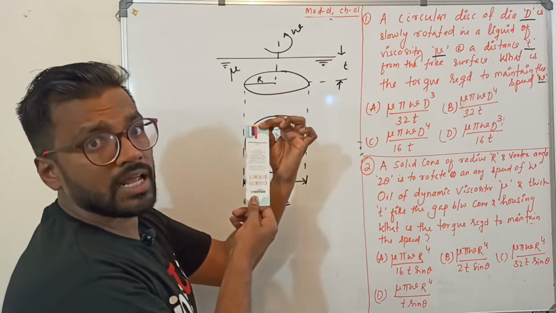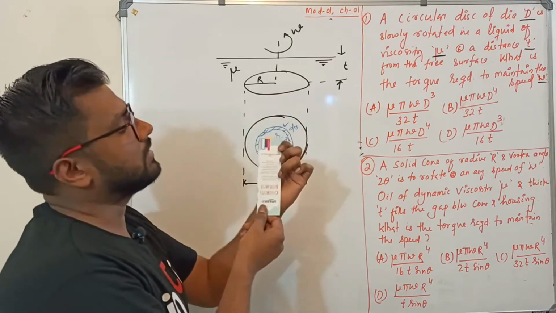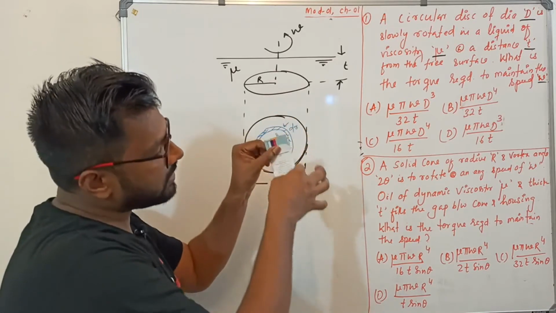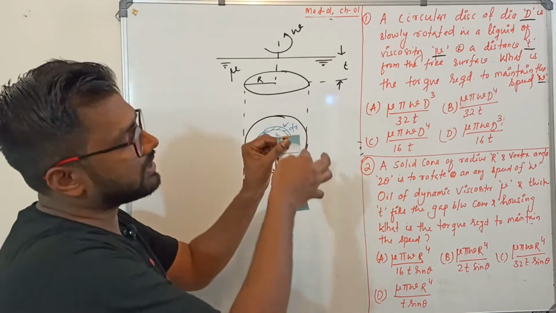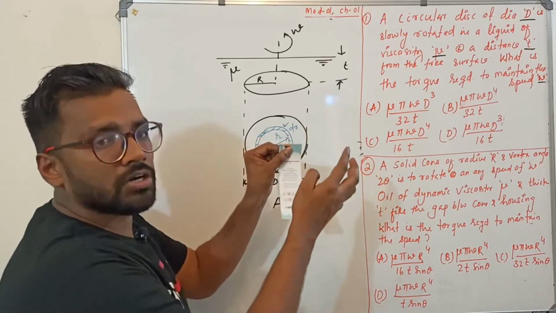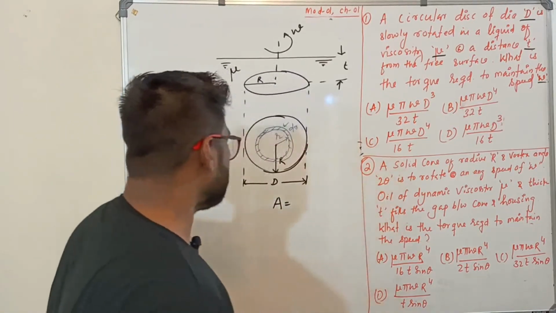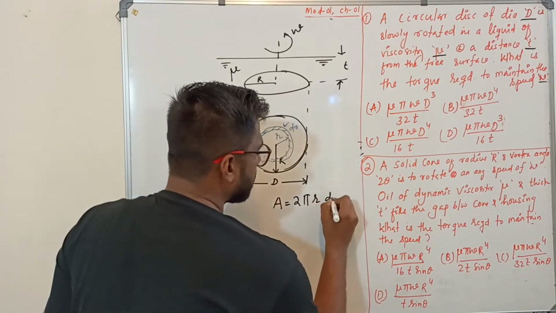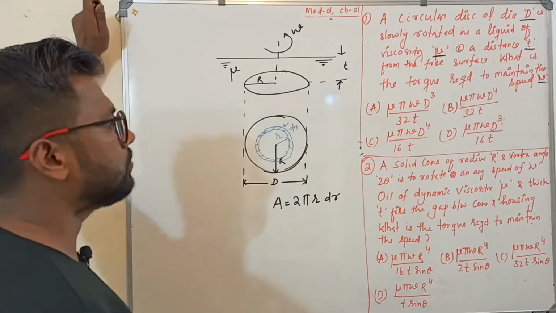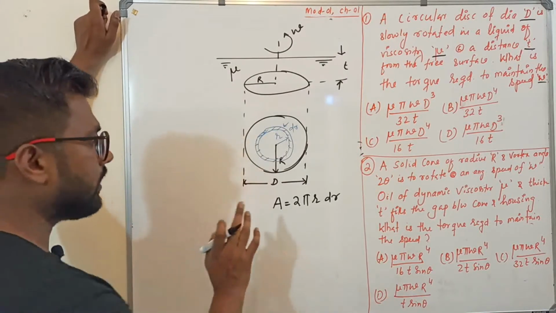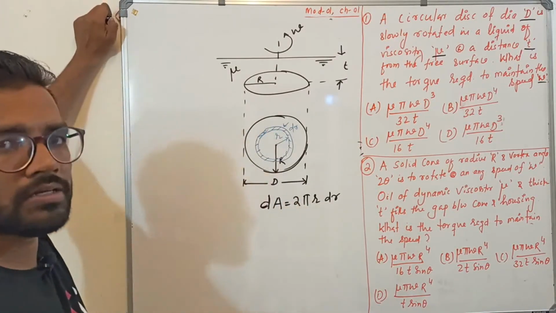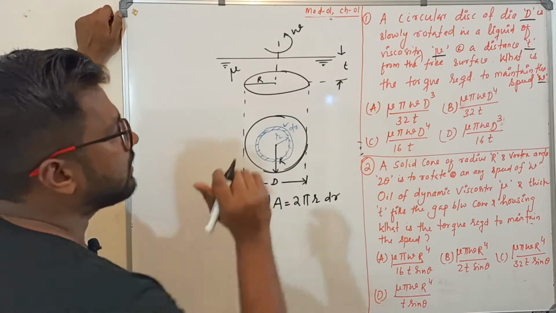The area of a rectangle is length into breadth. So this is your dr, and this is the circumference which I have opened, 2 pi r. So the area of the strip is 2 pi r dr. We are going to need it. Understood? Now we'll proceed.